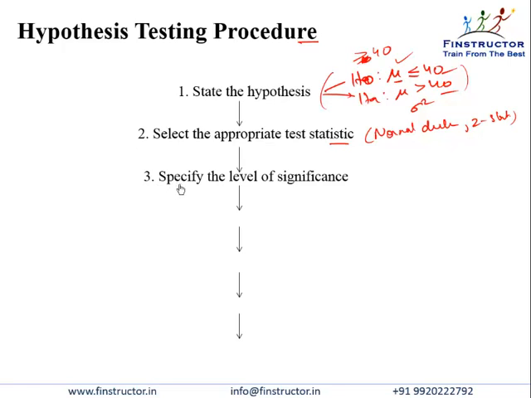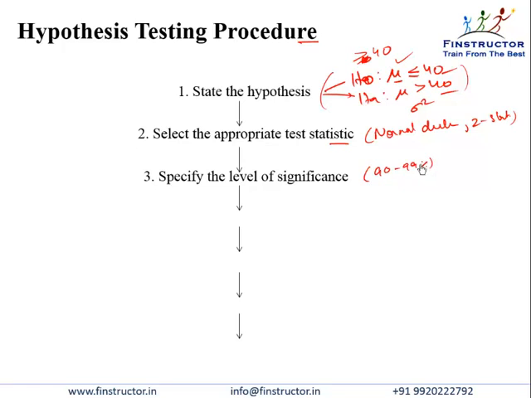The third step is to specify the level of significance. As a researcher, you will determine this by how critical your application is and how much confidence you want when you are rejecting this statement. So this number can be anywhere between 90 to 99%.